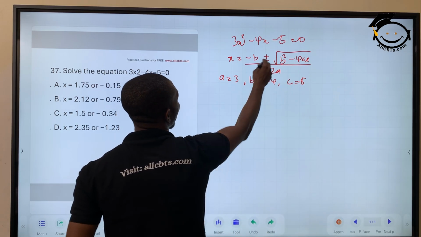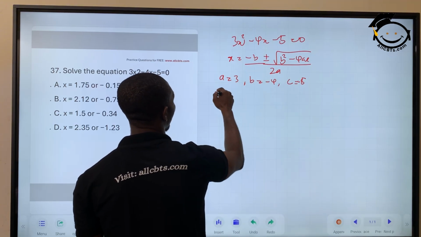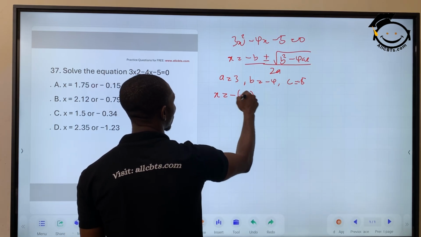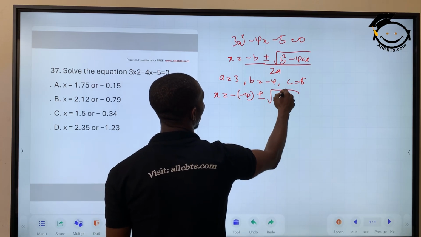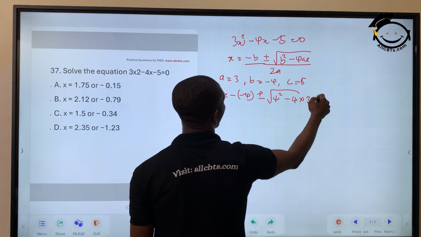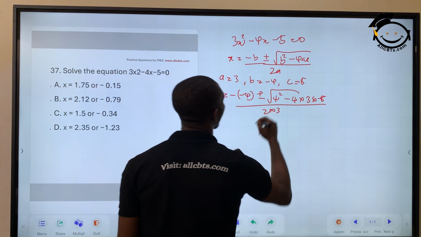Alright, so substituting our values, we have x equals minus minus 4 plus or minus root of minus 4 squared minus 4 times 3 times minus 5 all over 2 times 3.